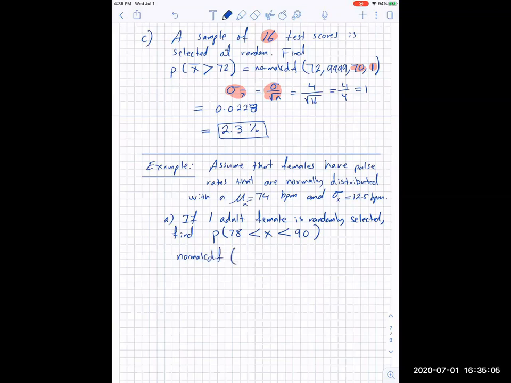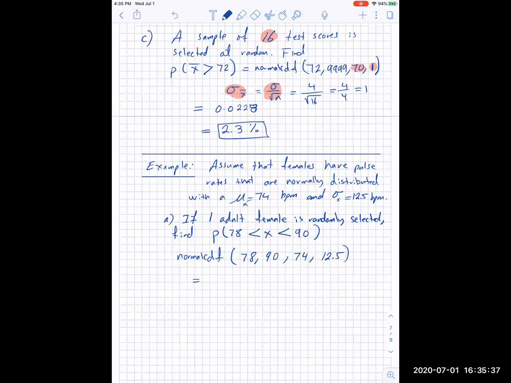Lower limit is what? 78. Upper limit is 90. We're going from 78 to 90. What is the center of the distribution? What is the mean? 74. And the standard deviation is 12.5. Right? We're talking about one adult female.